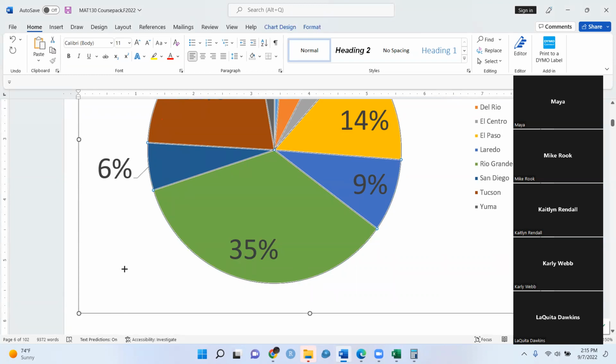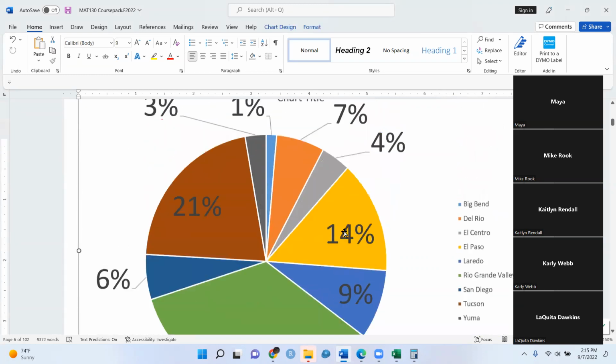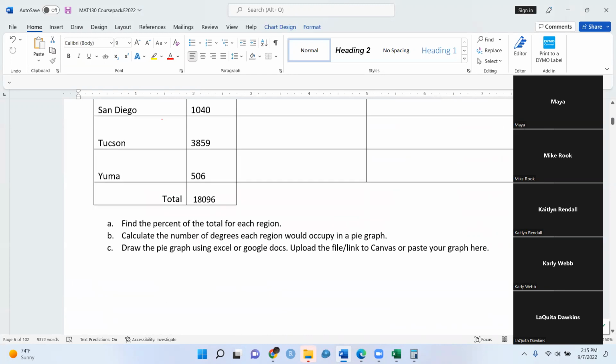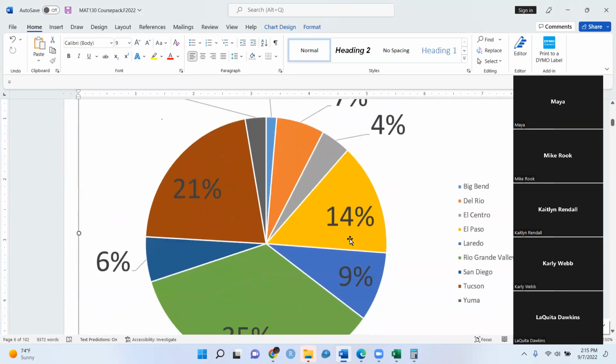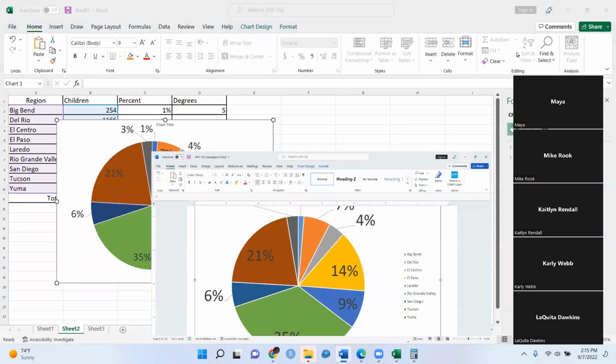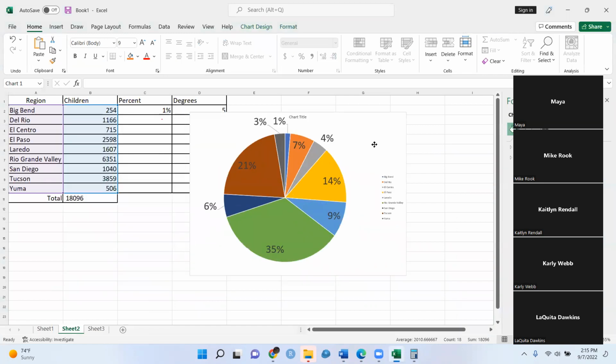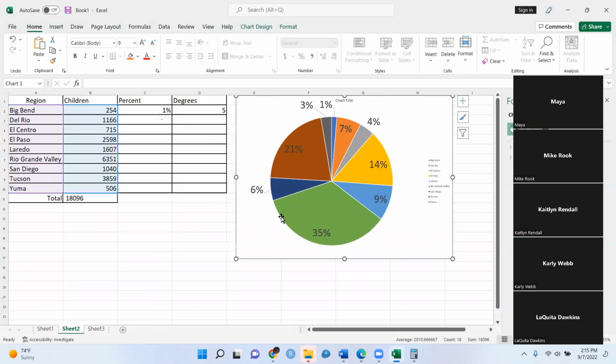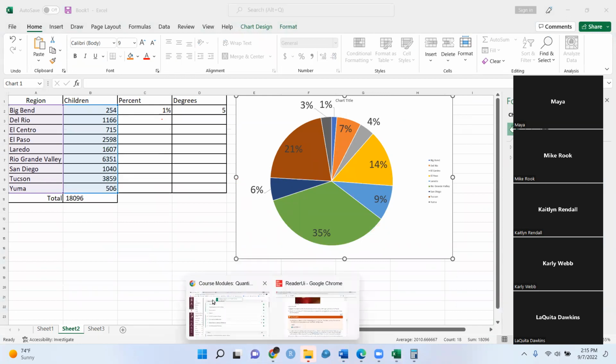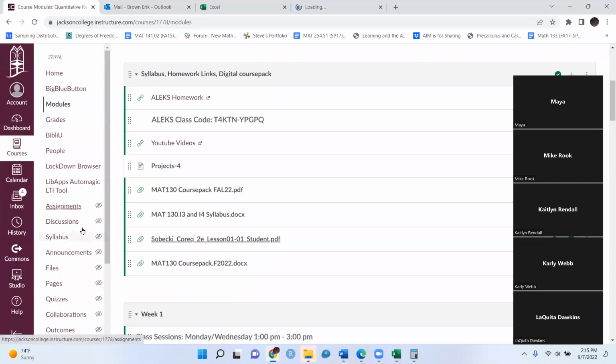Yikes, it's enormous. And there it would be as part of your homework. Otherwise, you can save this graph, like you could save all this and submit your Excel file. And I just need to add that to us so you can submit like that for the assignments.